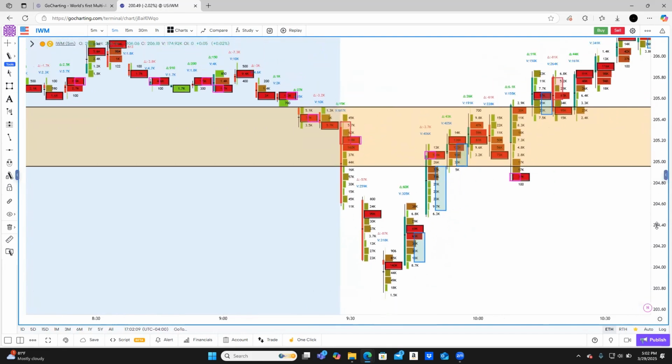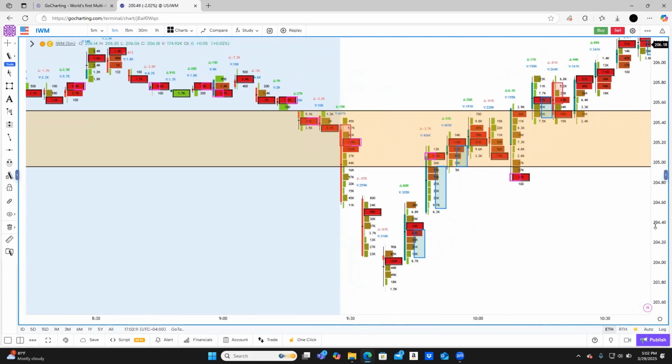Okay. So auction market theory, again, it's a philosophy that financial markets move higher or lower due to imbalances between aggressive buyers and aggressive sellers. And that aggression continues until it finds fair value. Fair value is basically an agreement, or the most trades between buyers and sellers in a location.